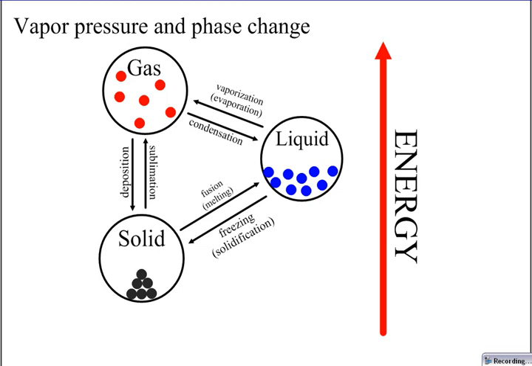So for example, the enthalpy of vaporization is the amount of energy necessary to vaporize 1 mole of a liquid at 1 atmosphere. If you reverse the magnitude of that, so the negative enthalpy of vaporization, is the enthalpy of condensation. So while it will take energy to vaporize something, it will release energy to condense it.